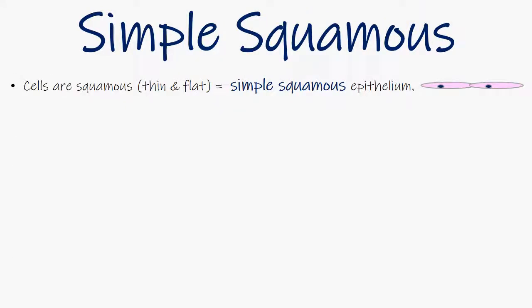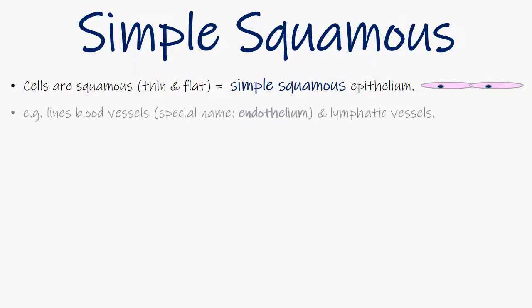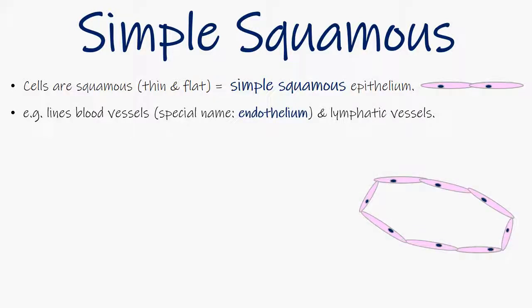Let's look at an example of how we assemble simple squamous epithelia into structures. Simple squamous epithelium is found lining all of the blood vessels of the body and is here given the special name of endothelium, as well as lymphatics. So you can imagine that we need to assemble these squamous cells into a circular structure, as shown in this schematic, with a lumen in the middle.